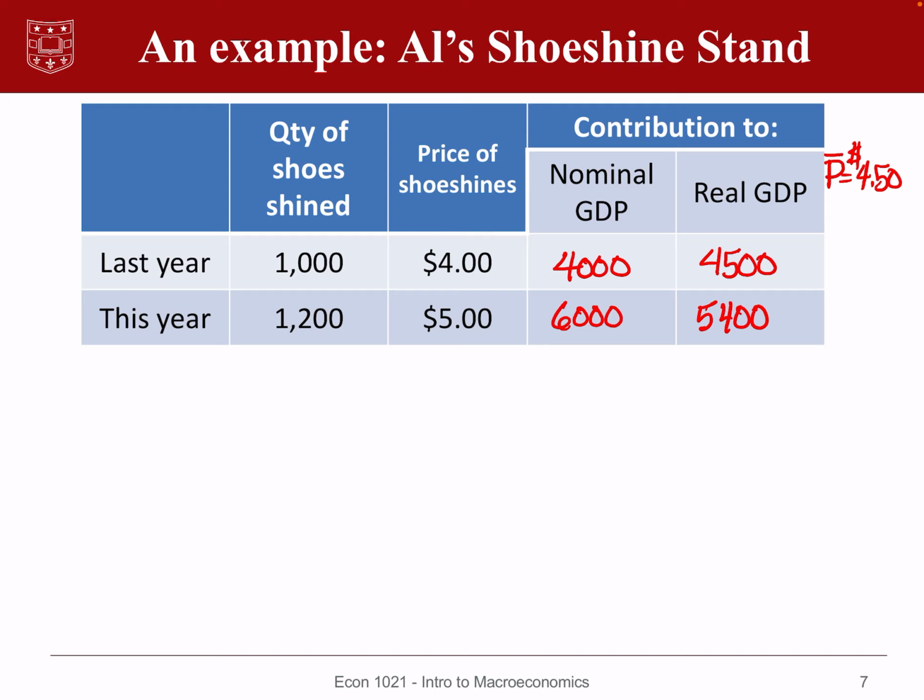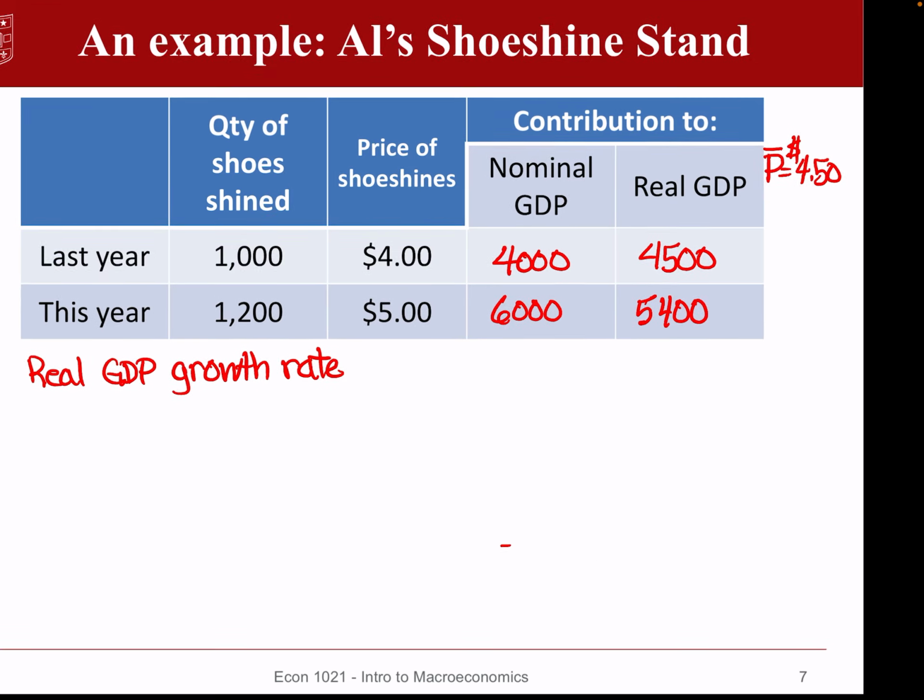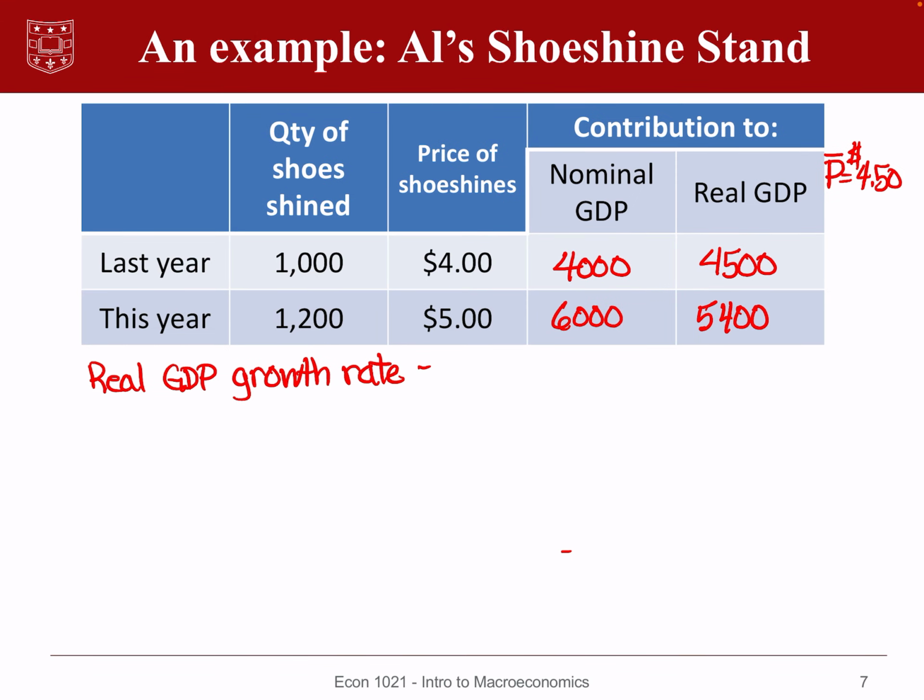So if we wanted to figure out the real GDP growth rate, that's going to be, of course, 5,400 minus 4,500 divided by 4,500.